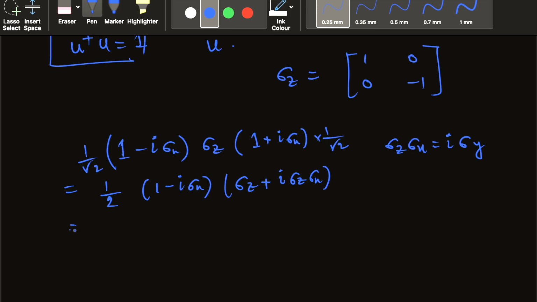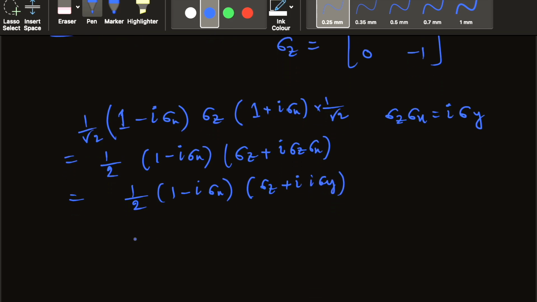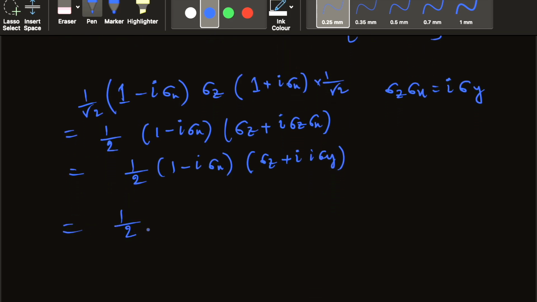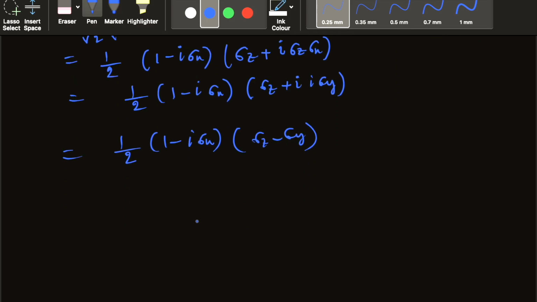That means half (1 minus i sigma x) into sigma z plus i into i sigma y. That means half (1 minus i sigma x) into (sigma z minus sigma y).